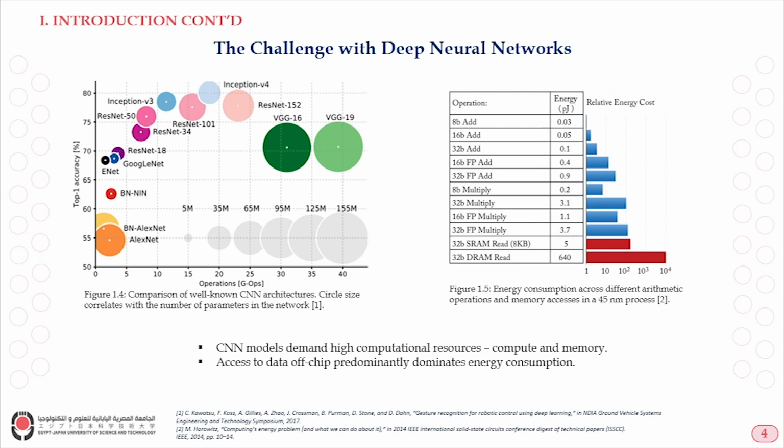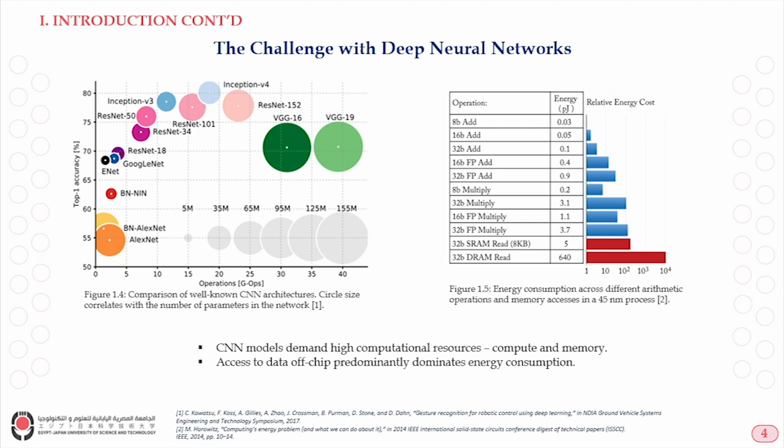We have also seen that these deep learning models have a large number of parameters. So they require high computing intensity, and their memory footprint is huge. These are the challenges we have.